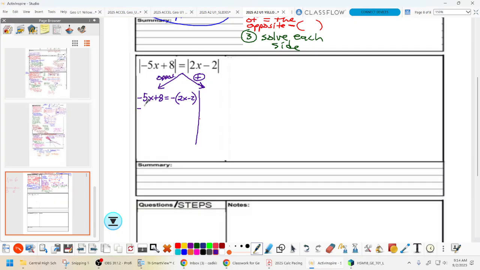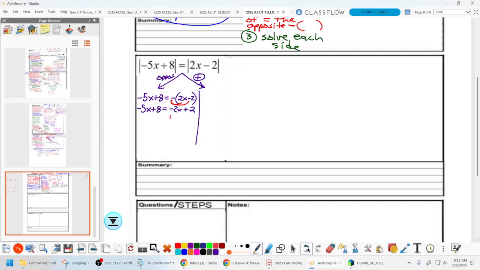We just solve like normal. But do be careful. How do you deal with that negative sign out front? Yeah, we distribute it, right? So negative 2x plus 2, since we distributed the negative. Maybe I'll show that. Okay, from there, combine your like terms.